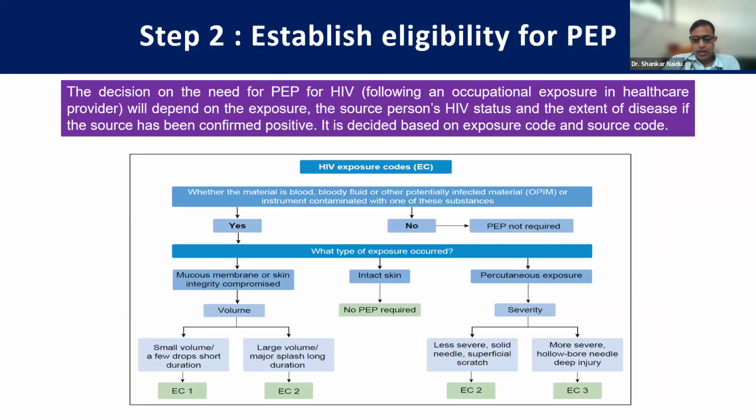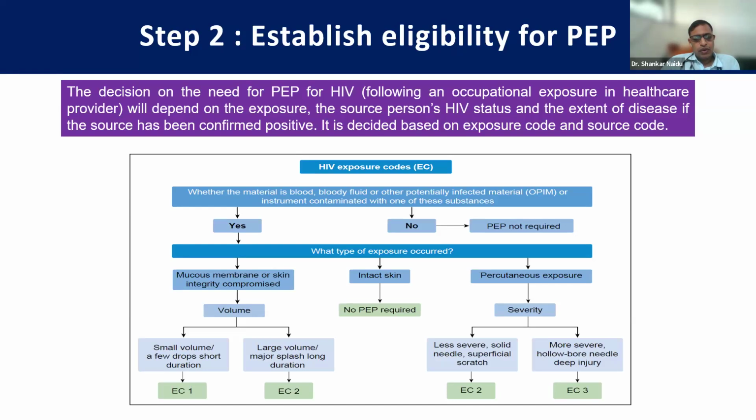After doing the first aid, we should advise them to visit the physician or the ART center where they can be assessed for eligibility for PEP. To determine the eligibility for PEP, we need to remember two things, that is the exposure code and the source code. The exposure code depends on the type of exposure, the volume of body fluid and other parameters.